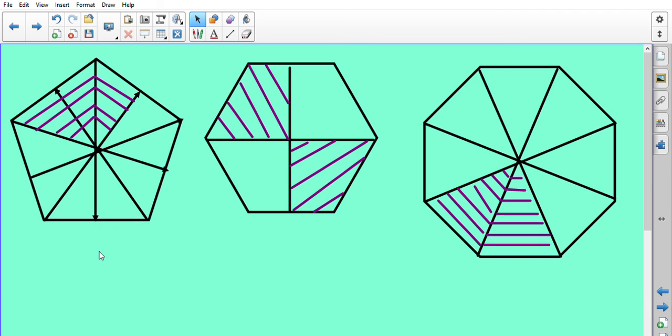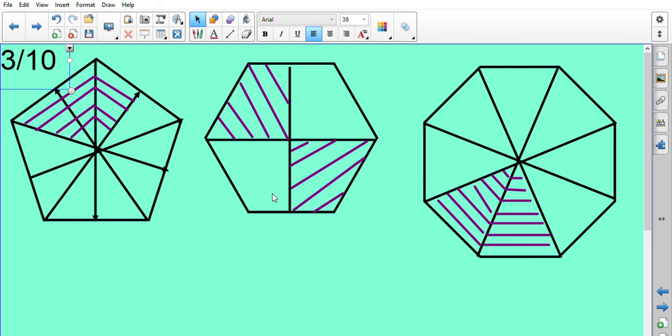And then finally, we've got some different shapes here. We've got a pentagon here, a hexagon, and an octagon, and we'll just think about what the fraction of each shape is shaded. So this pentagon has been divided into 10 equal parts, which means it's our denominator, and then we've got 3 out of those 10 that are shaded, that's 3/10.